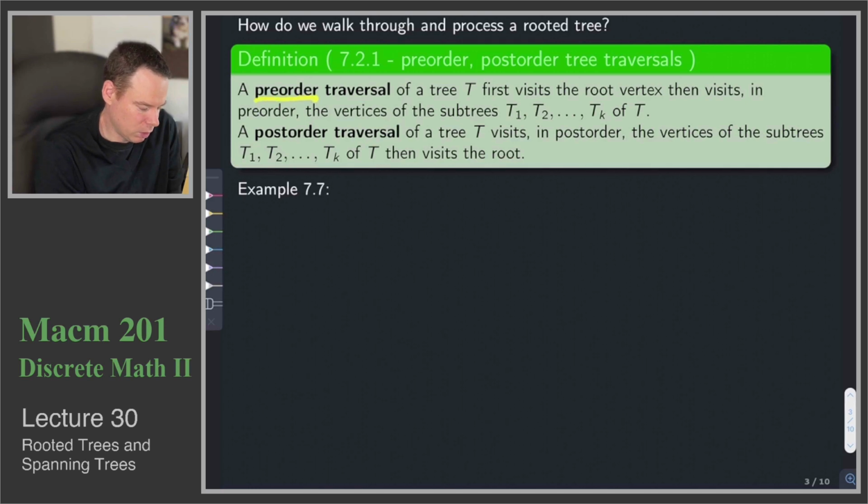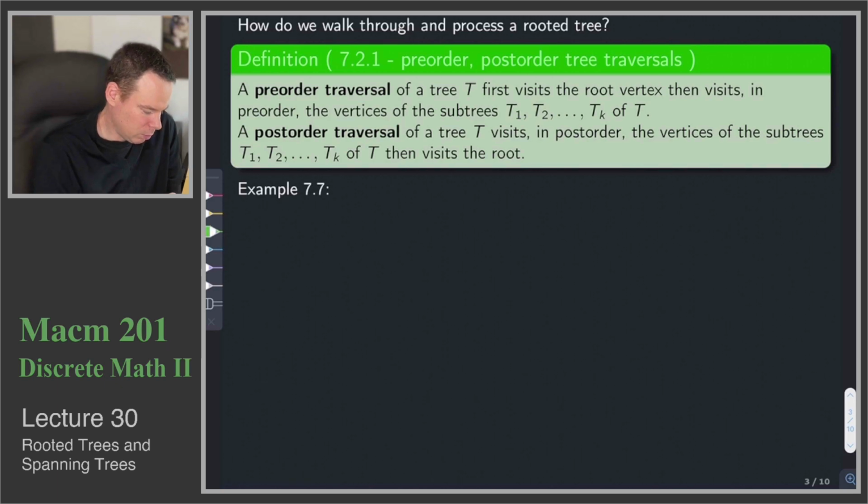These are both defined recursively, but the preorder traversal of a tree first visits the root vertex, and then after doing that, it visits in preorder, so that's the recursive part of it, the vertices of the subtrees. And the subtrees, we've listed them as T1, T2, and so on. So we're thinking of this as an ordered rooted tree, where T1 is the first subtree, T2 is the second subtree, and so on.